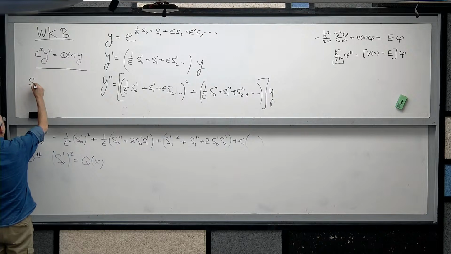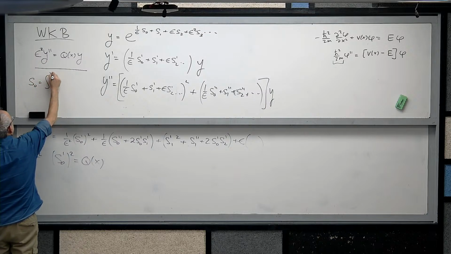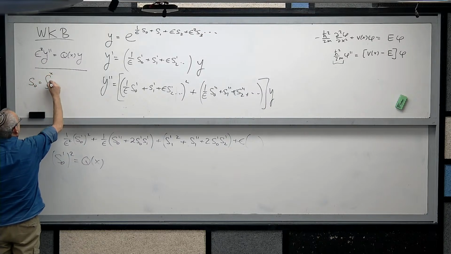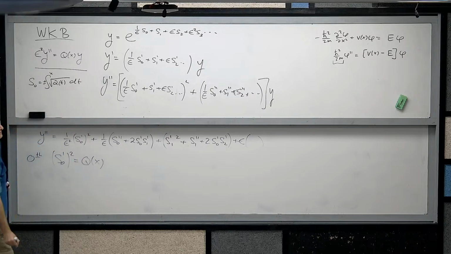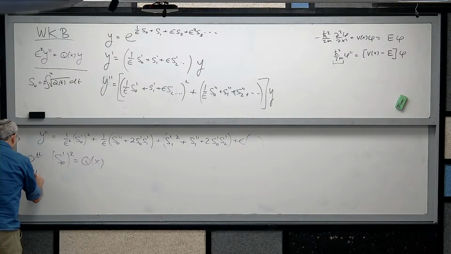So S naught is the integral up to X of plus minus, of course, the square root of Q of T dt, up until a constant. Yes, we throw away all the constants because the constants are not important. Good. First order.